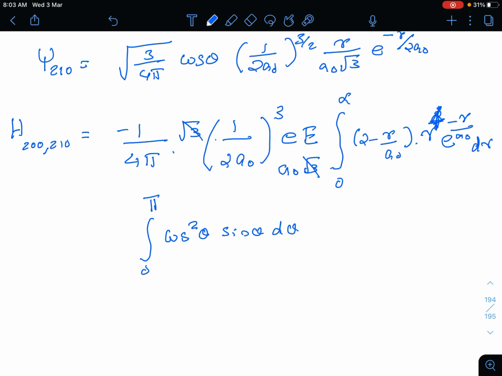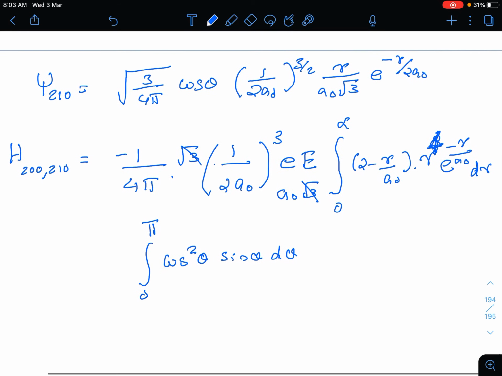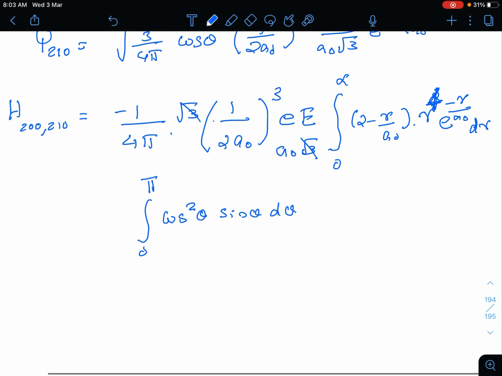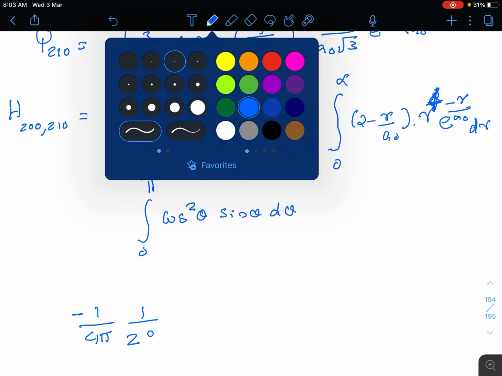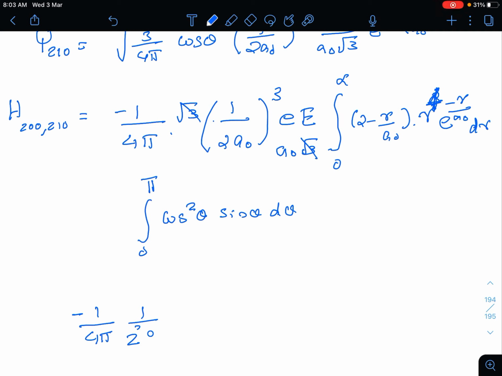Let's take the constants of all sorts first outside. So minus 1 by 4 pi, 1 by 2 cube, and a0 all cube, and again a0 raised to 4.